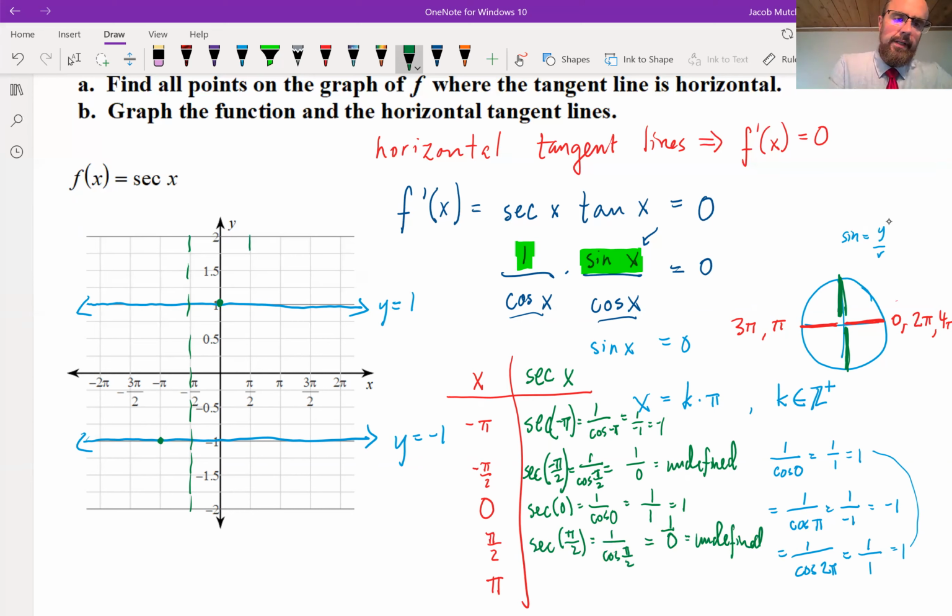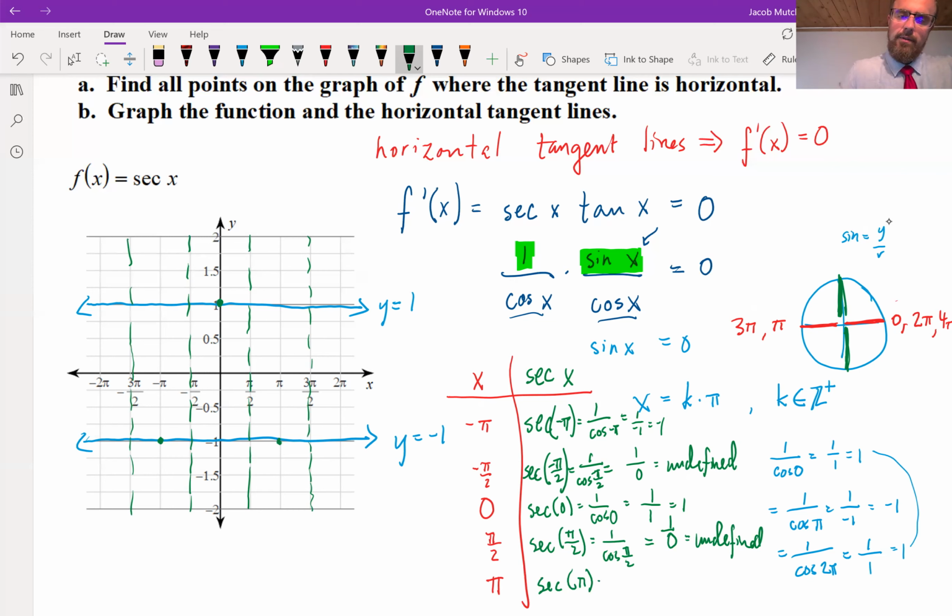So what we can see is a pattern forming. I've got an undefined place where there's a vertical asymptote every increment of pi, and I can place that all along the plane here, and then I've got oscillating back and forth, and I can confirm it here by calculating secant at pi.